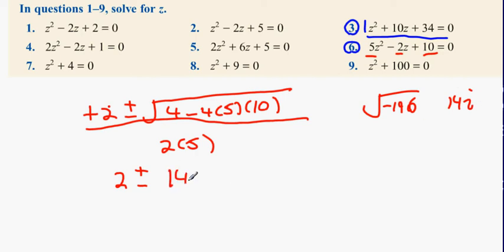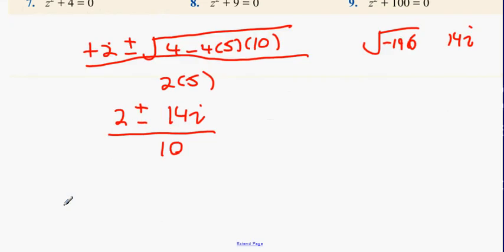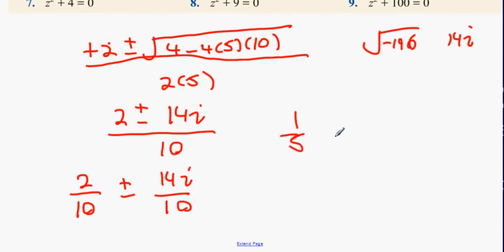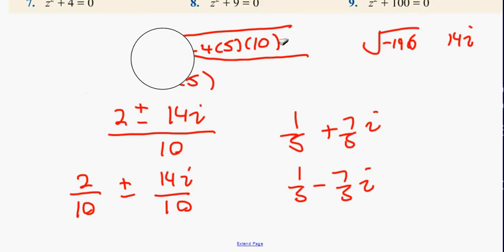Okay, so 2 plus or minus 14i all over 10. Then we got to split the fraction, so it's going to be 2 over 10 plus or minus 14i over 10, and then the answer to that is going to be a fifth plus 7/5 i, or a fifth minus 7/5 i. Now, once again, I'm going to show you how to go backwards on this.